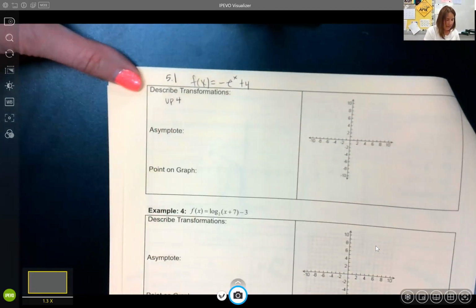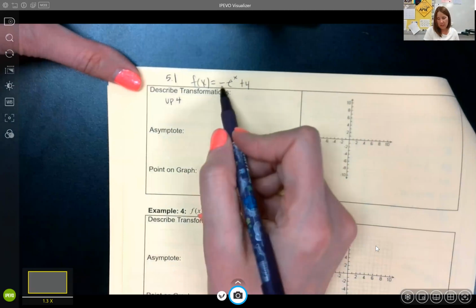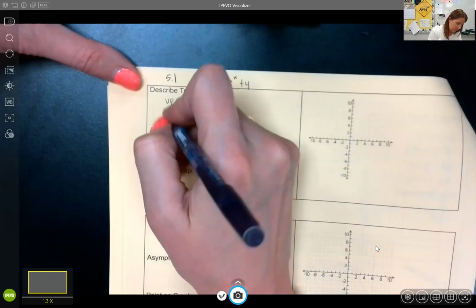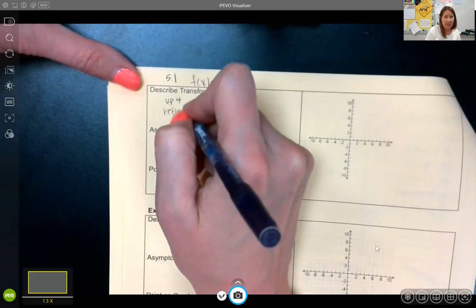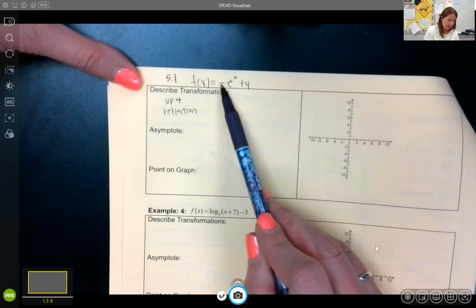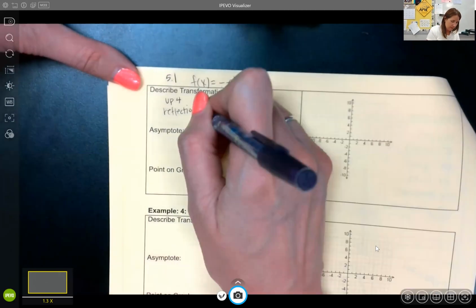All right, and then the negative in front of that e to the x, that's going to be a reflection. And we have to make sure to say which axis we're reflecting across. So if this negative is in front of the equation, then it's x-axis.